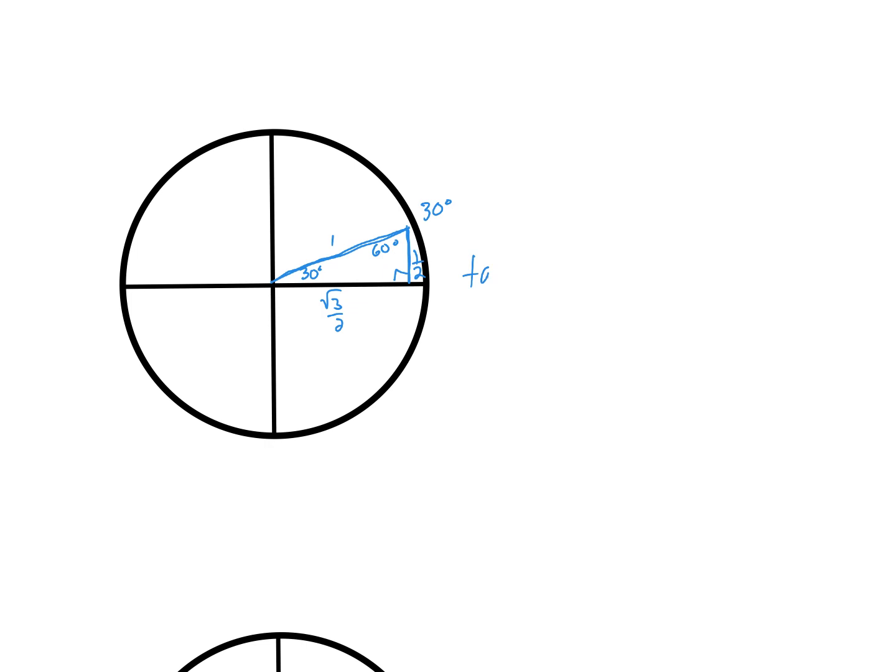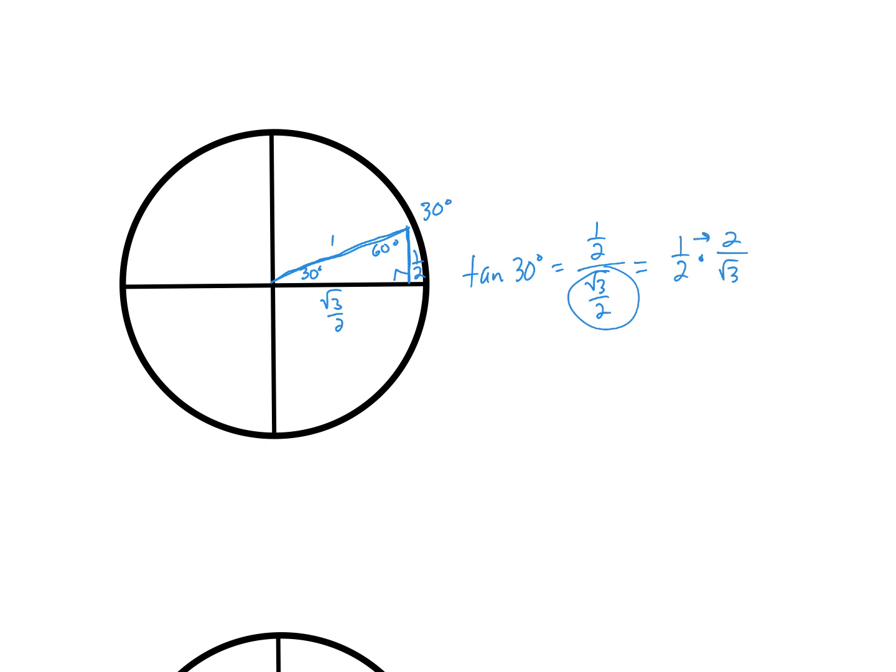So if we do the tangent of 30, that's going to be the opposite, which is 1/2, divided by the adjacent, which is root 3 over 2. Okay, so this is going to be 1/2 times 2 over root 3. All we do is when we divide fractions, we flip the bottom, make it the reciprocal, and then multiply by the reciprocal.